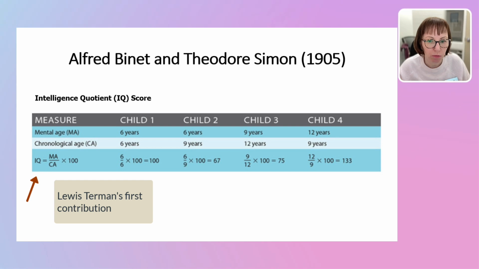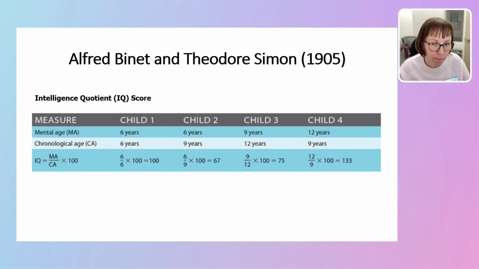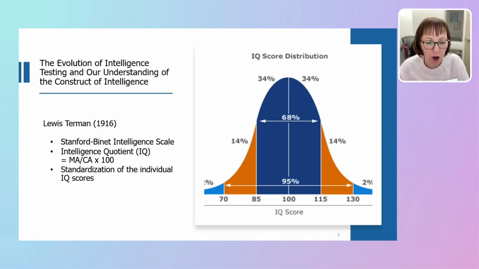This gives the person's IQ score and makes it possible to compare to other individuals. What this entailed is a standardization of individual IQ scores.